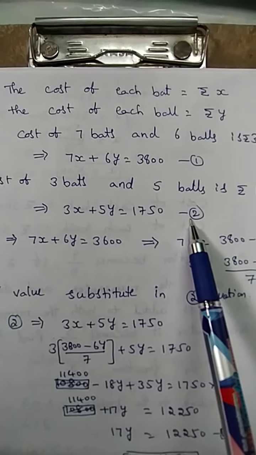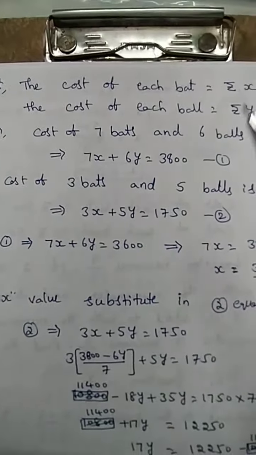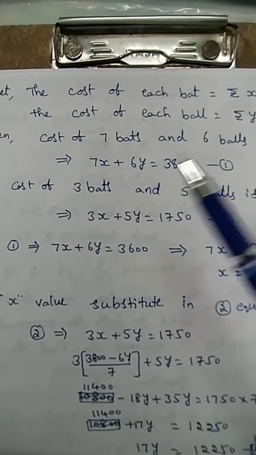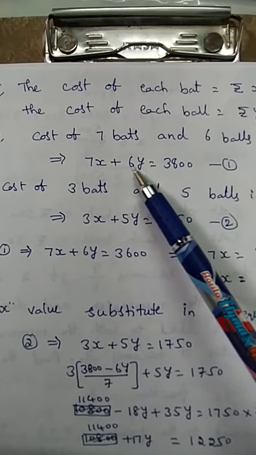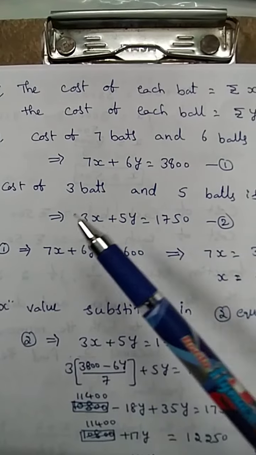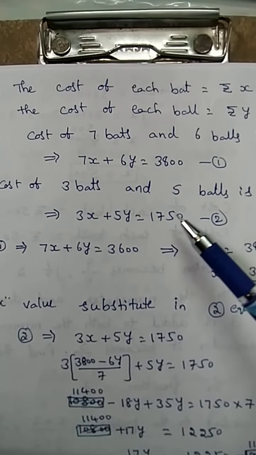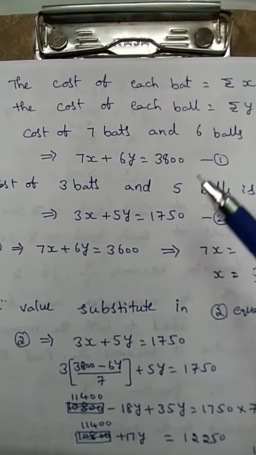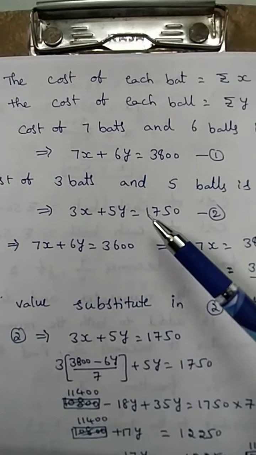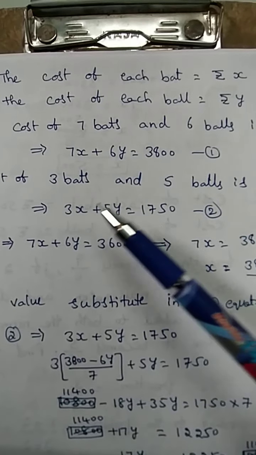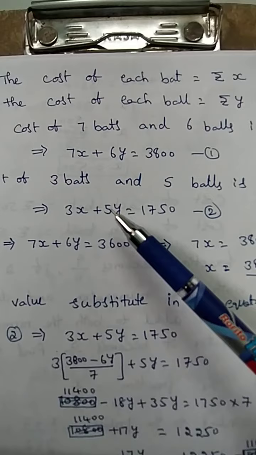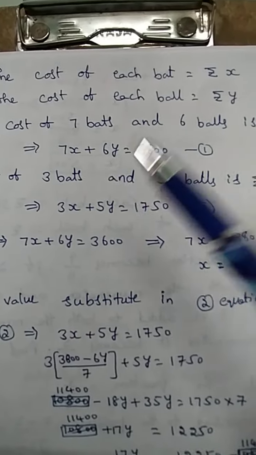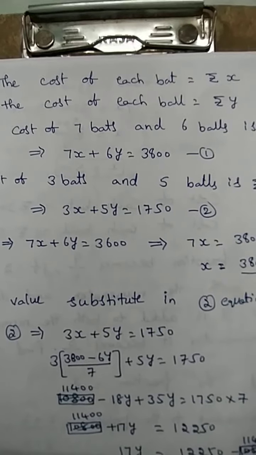This is the second equation. Now, the pair of linear equations: 7x plus 6y is equal to 3,800 rupees, and 3x plus 5y is equal to 1,750 rupees. By solving these with the substitution method, we will get the x and y values, which are the cost of each bat and the cost of each ball.